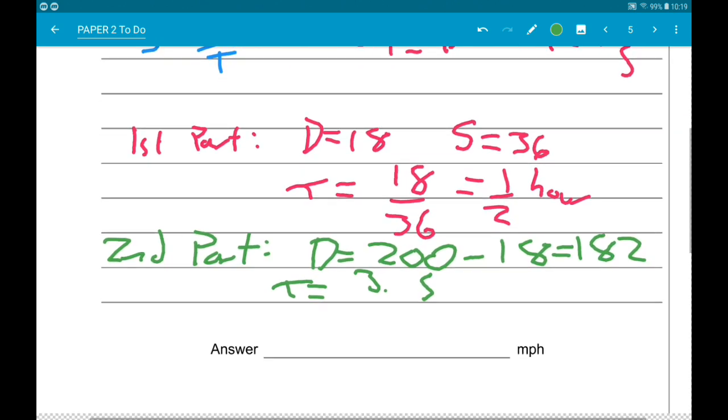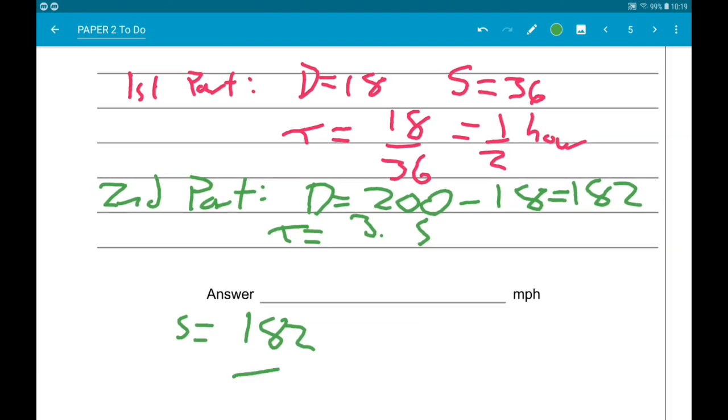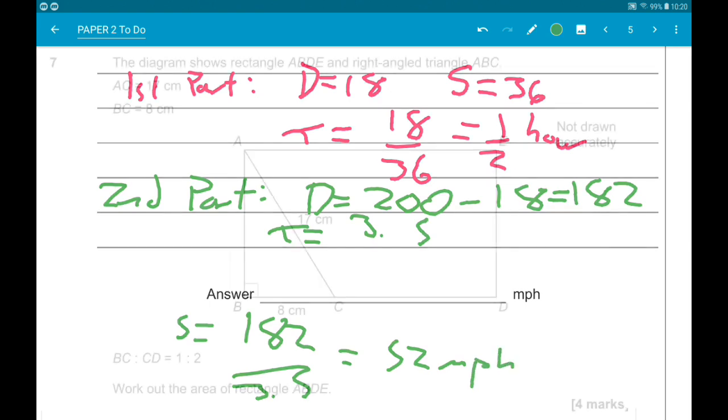So her speed is 182 divided by 3.5, which gives us 52 miles per hour.